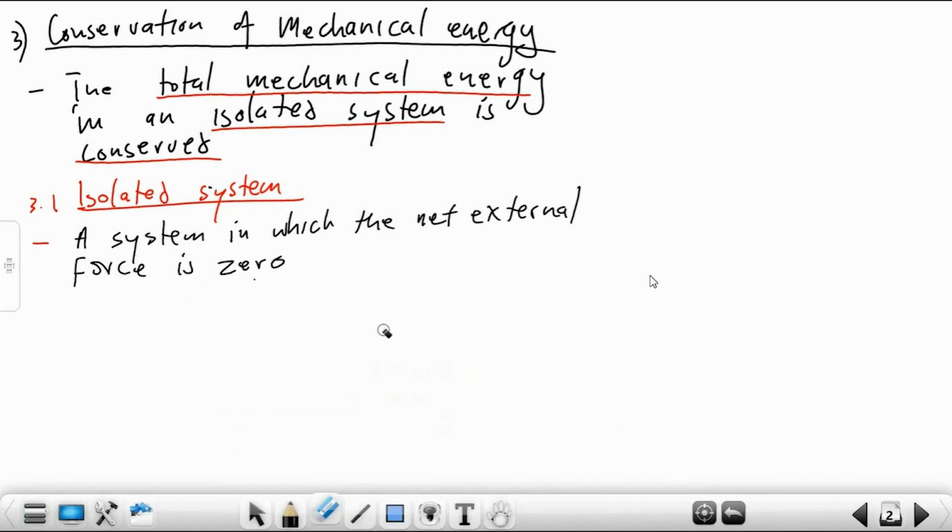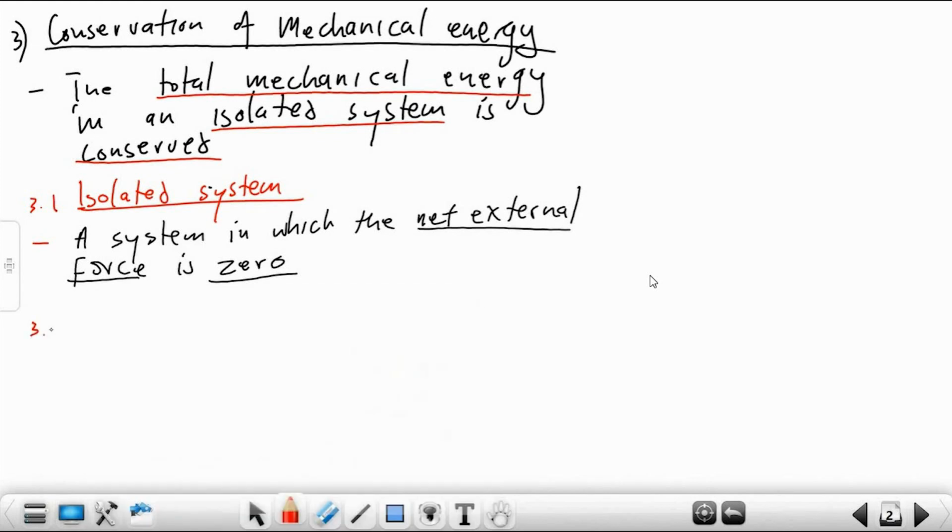Some guides will say a system in which there are no external forces. But remember, we always have external forces. The issue is just how much of that we have. So it's a system in which the net external force is 0. So that is the key thing that you need to be looking for.